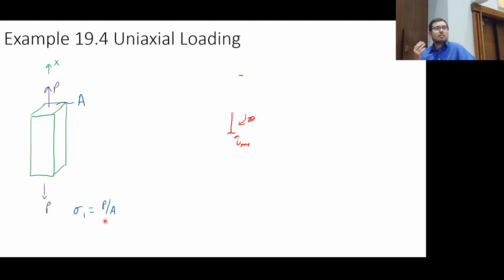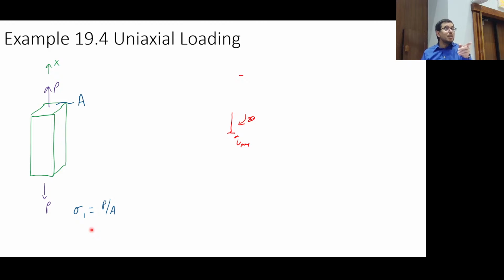That is one solid depiction of stress. Uniaxial loading. I jumped a step. What did I do here? Why did I say sigma 1 equals P over A? What does it mean when I put a 1 there? X direction.